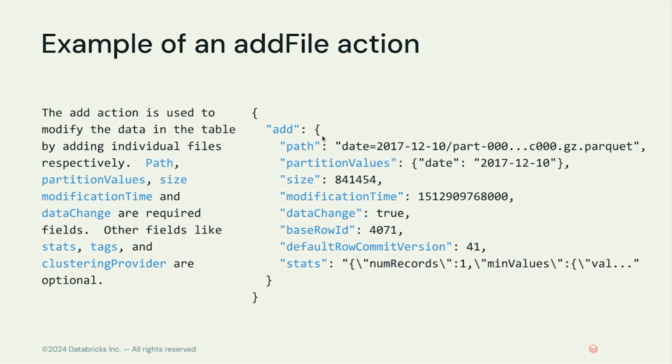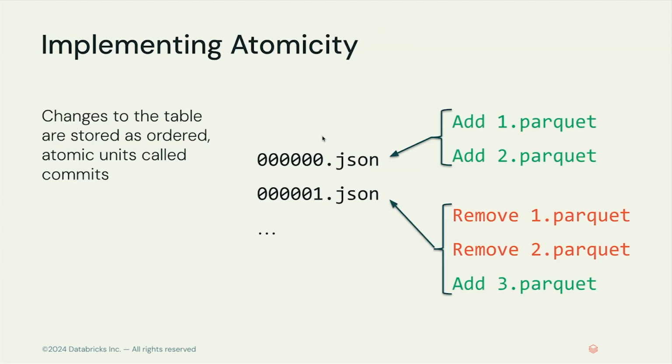We have a base row ID, we have a commit version. And one of the coolest things when we talk about performance of Delta Lake is going to be stats. We'll get deep into it, but the stats are basically what gives you the really low-level file skipping.